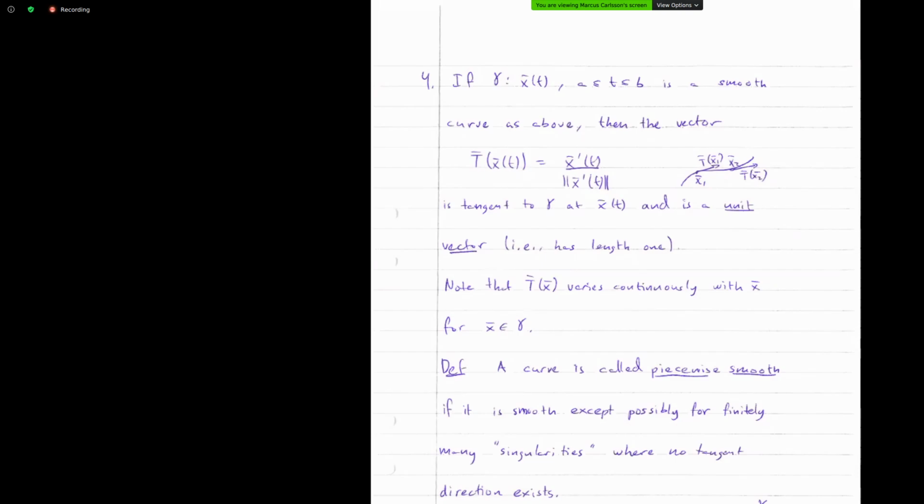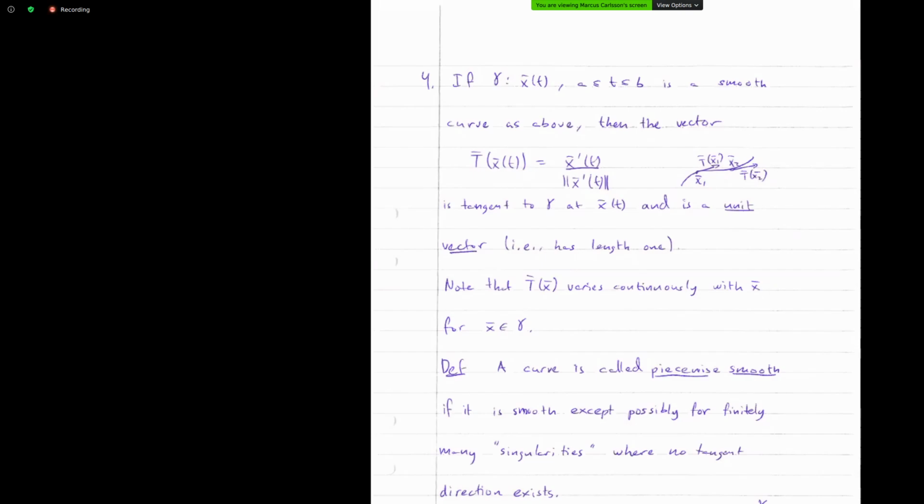But on the other hand, we don't want to make it so strict that we exclude natural objects like the boundary of a silly square, right? So then you have to do some trade-offs here. At the end of the day, the curves that will be interesting are the piecewise smooth ones, and that's simply a curve which is made up of a finite collection of smooth curves which meet at the endpoints.